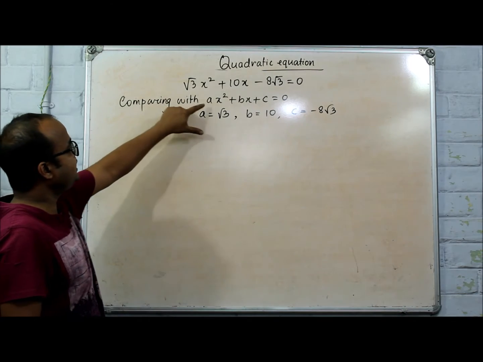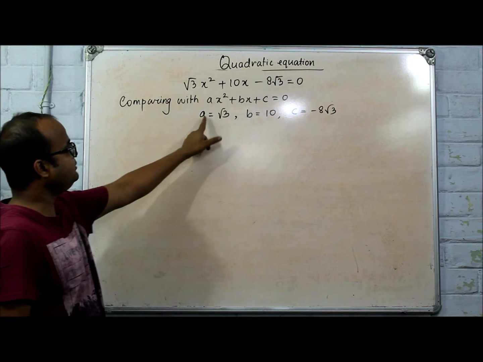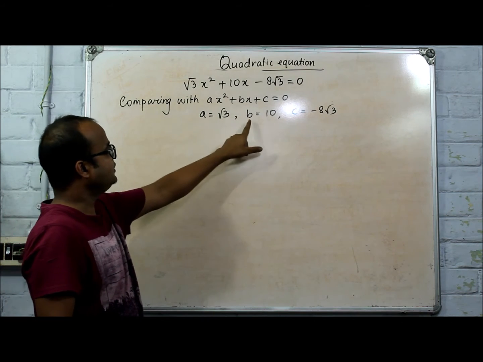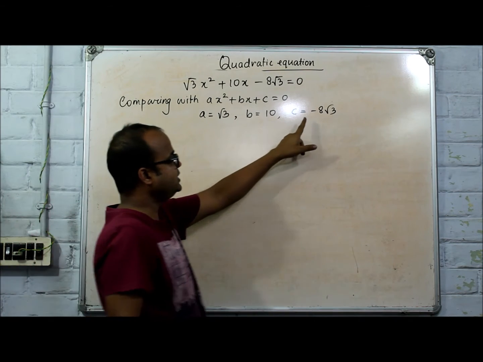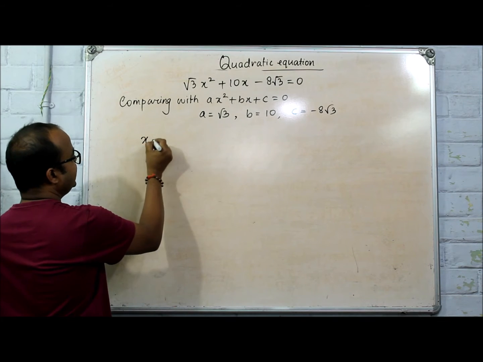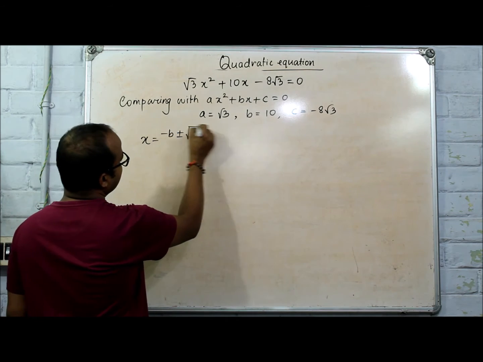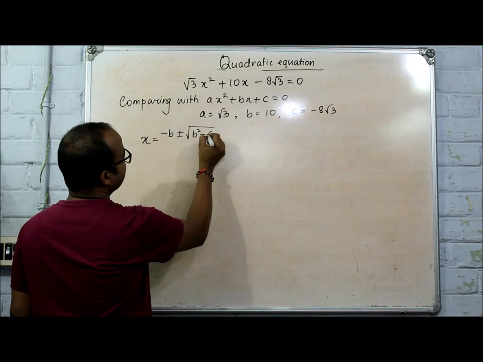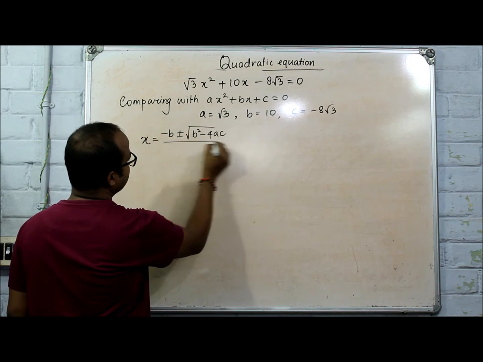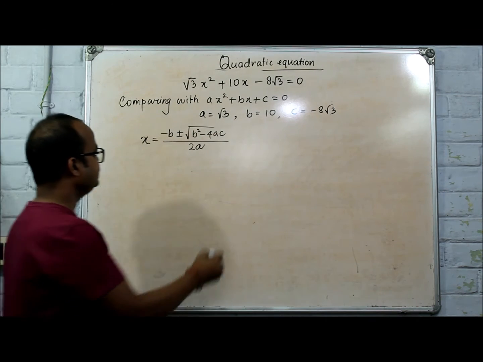If you compare with ax square plus bx plus c is equal to 0, so you are getting value of a as root 3, value of b as 10 and c as minus 8 root 3. Now we apply the formula. So x is equal to minus b plus minus square root of b square minus 4ac by 2a. Now substitute the value.